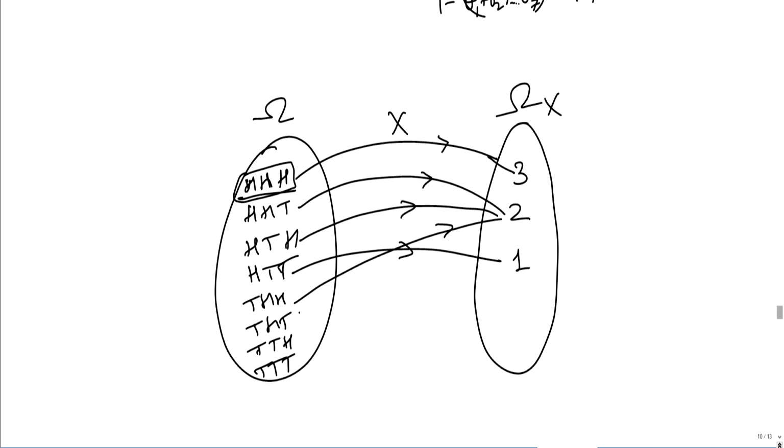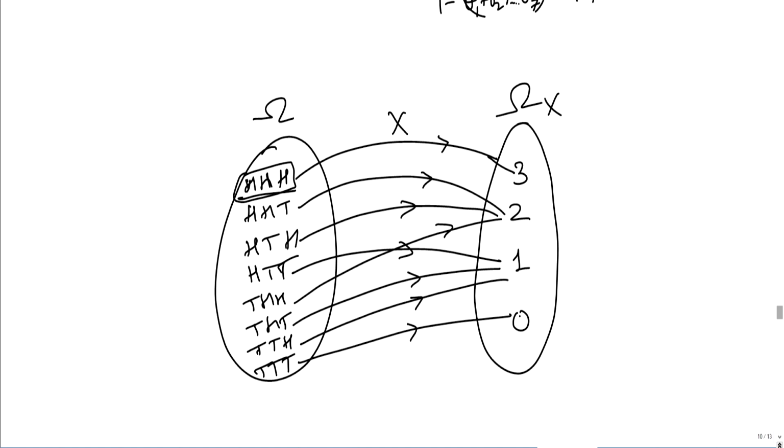THT has 1 head. TTH, 1 head. TTT, this is different, 0 heads. So, what we have done here, using a function which counts the number of heads, is transform this categorical sample space into a numeric space.